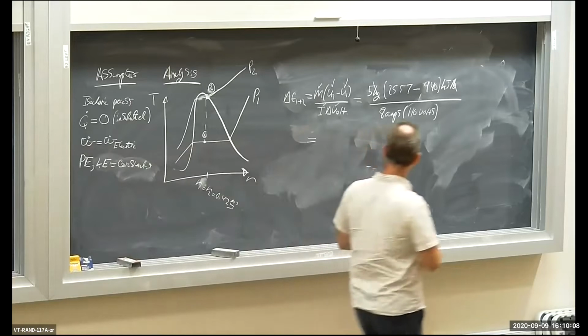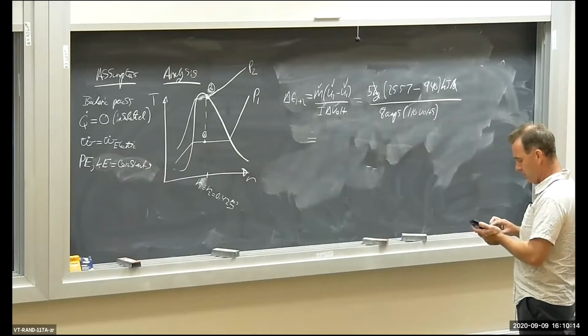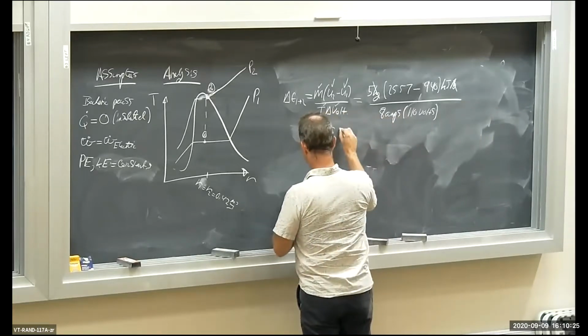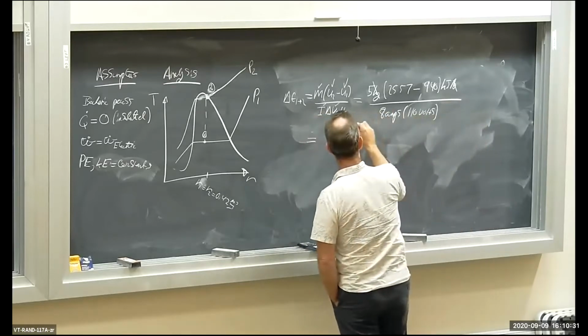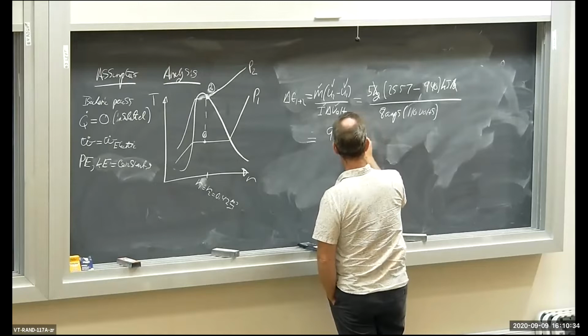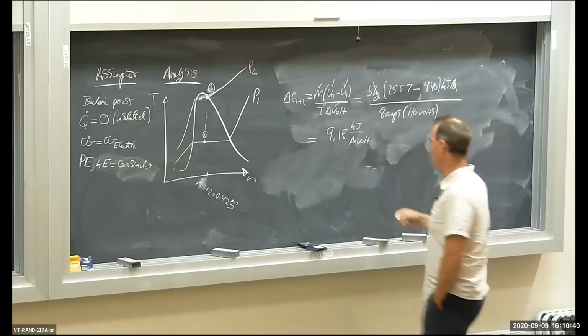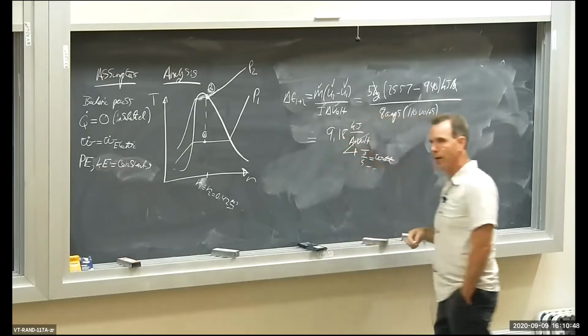So we have 2,557 minus 940 times 5, divided by 8, divided by 110, and I get 9.18 kilojoules over an amp times a volt. Now the amp times a volt, as I said, has units of joule per second, or if you like, a watt.